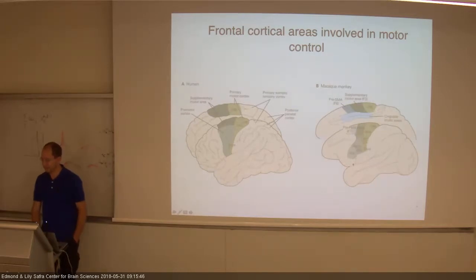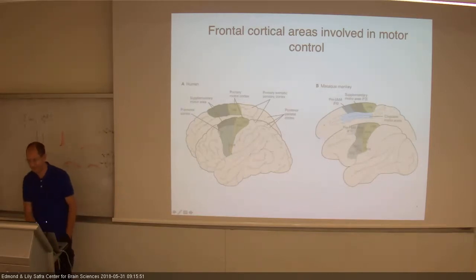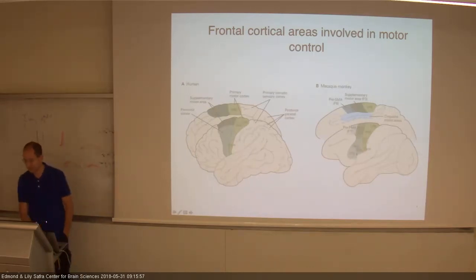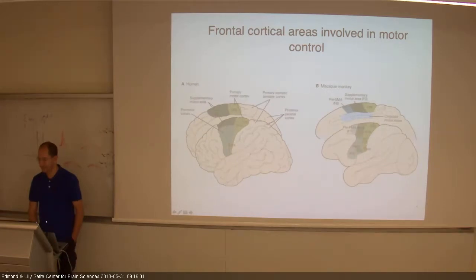There are slightly more divisions. It doesn't mean that these don't exist in humans, but here they're studied in more detail because of all the experimental manipulations that we can do that we cannot do in humans. So this is again M1, and you see the similarity, the central sulcus.